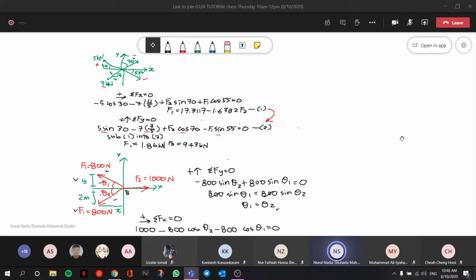Both here are minus because both are in the negative direction of the x-axis. Then you solve this equation.